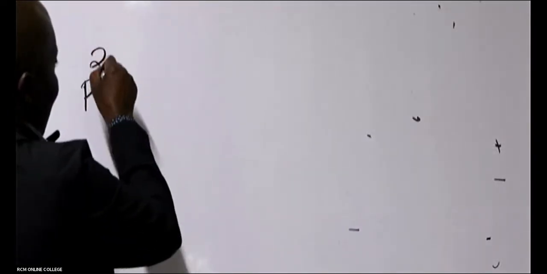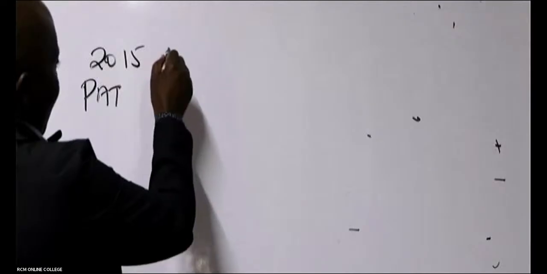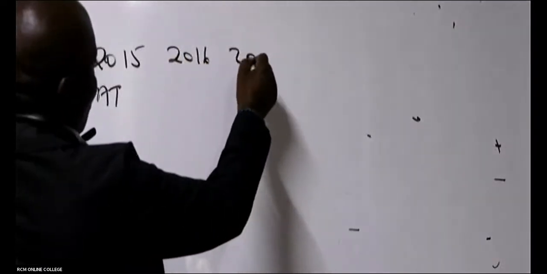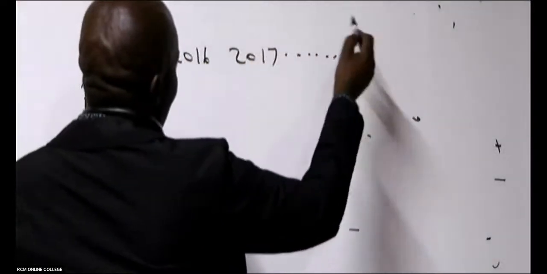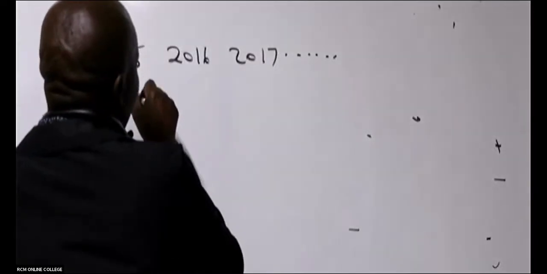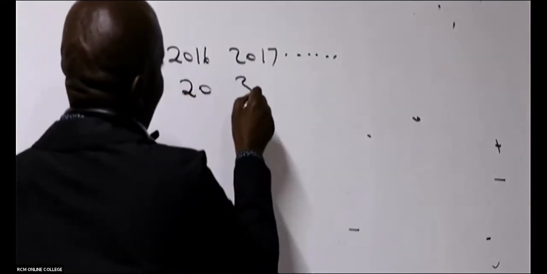And then somebody is asking, how do we estimate cash flows in real life? It's very easy. You can even do this at your workplace. You have your PAT, for example, 2015, 2016, 2017, maybe it was 10, 20, 30.